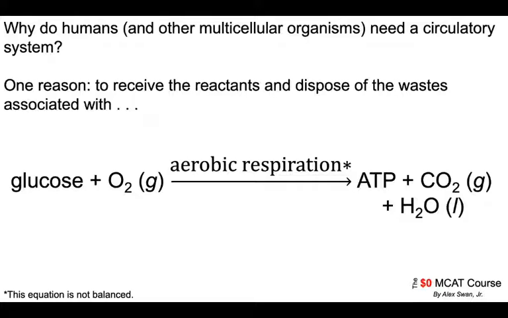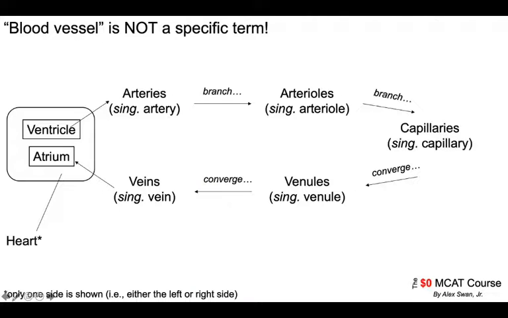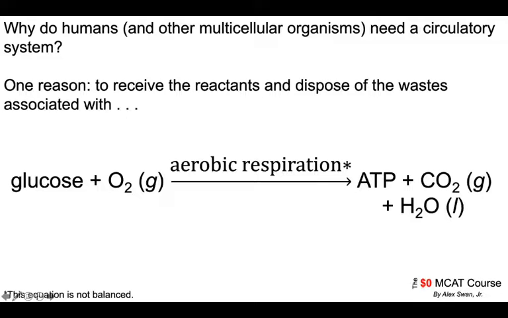Now, where do we get oxygen for our bodies? Well, the air that we breathe contains lots of oxygen, right? Once we inhale oxygen into our body, that oxygen is immediately going to come into contact with a group of cells in the lung called alveolar cells.